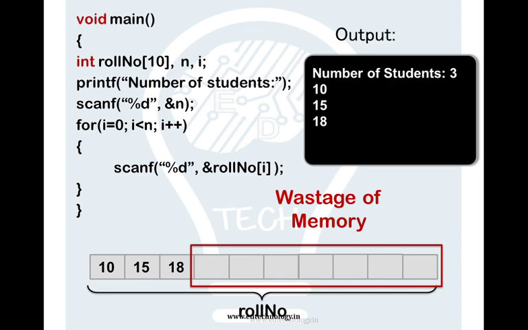Also, forget the C programming, in general, going back to the block diagram, the costliest component we have in our computer is actually memory.